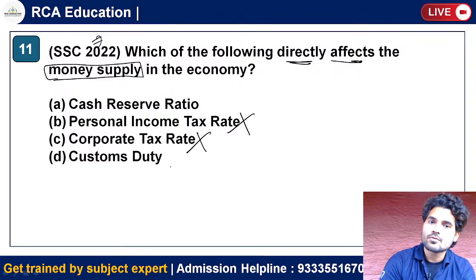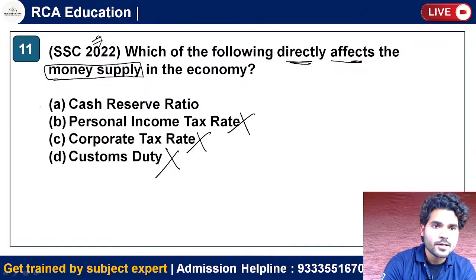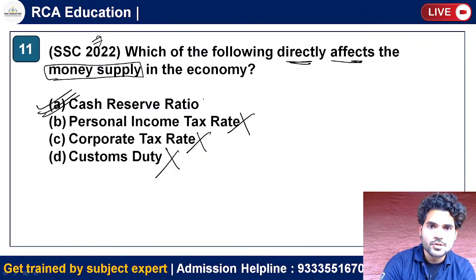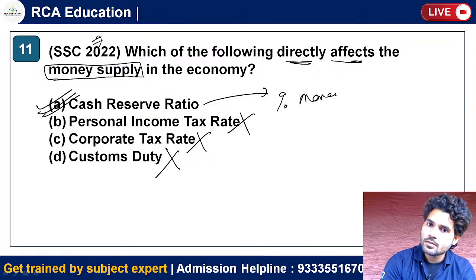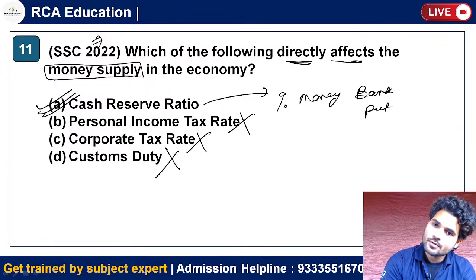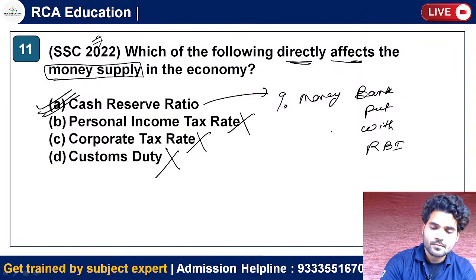Corporate tax rate has no connection with money supply, and customs duty has no relation with money supply. Money supply has a relation with the cash reserve ratio. What is the cash reserve ratio? The percentage of money that banks have to keep with RBI. That is the cash reserve ratio.